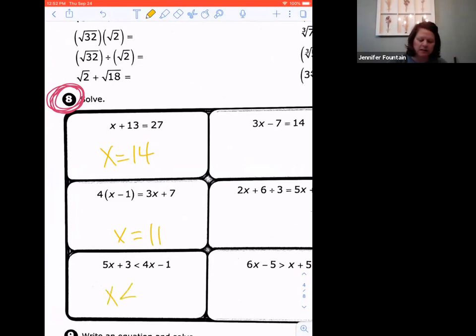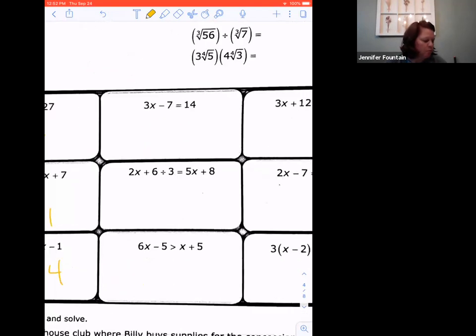Then x is less than -4. Any of those you want me to work? Middle column, x equals 7. X equals -2. X is greater than 2. Any of those?